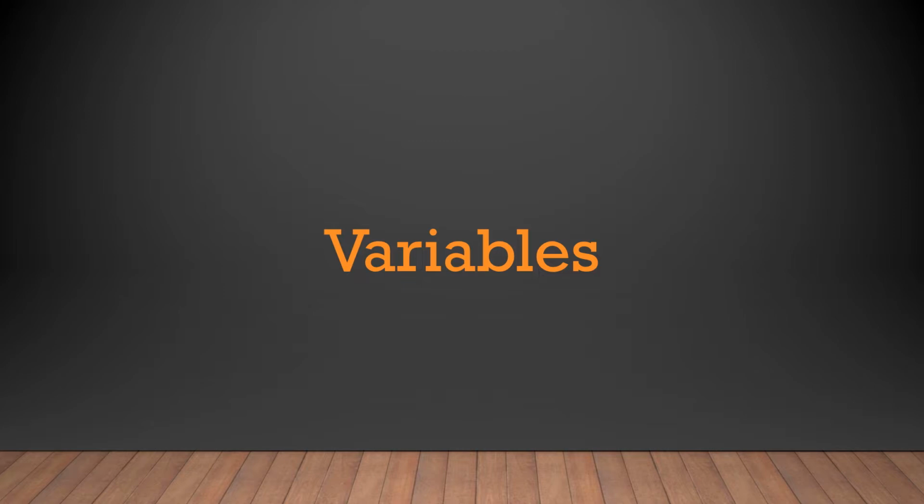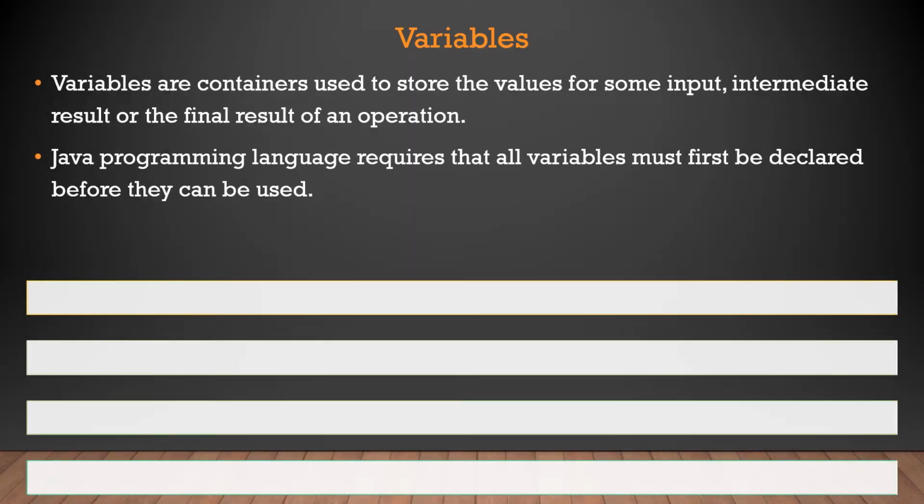Let us start with our first topic, variables. Now, what are variables? Variables are containers used to store the values for some input, intermediate result, or the final result of an operation. We know that whenever an operation is executed, many steps are there in the operation.